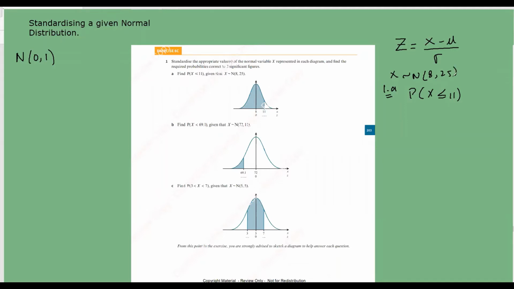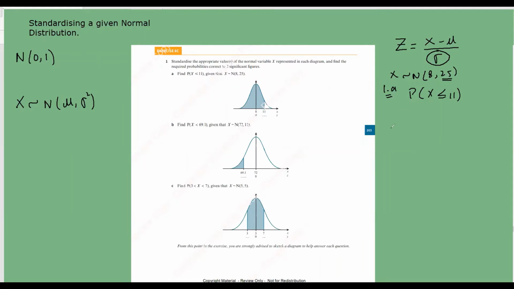Here is one more thing that you have to be very careful about: a normal distribution has the parameters mean and variance, while the parameter that is used to standardize is the standard deviation. You have to use the standard deviation over here. So this 25 right now, that is the variance.